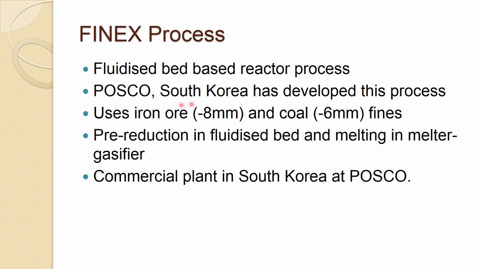So, this eliminates the agglomeration plant altogether, besides the coke oven, because it is using coal. So, no coke requirement. Pre-reduction in fluidized bed and melting in melter gasifier occurs. So, again a sort of two-stage process, with pre-reduction in one reactor which can have a series of it, and melting in the melter gasifier. A commercial plant is in operation in South Korea at POSCO.